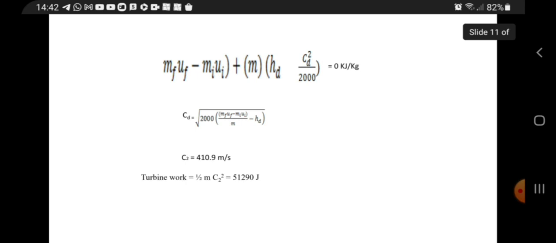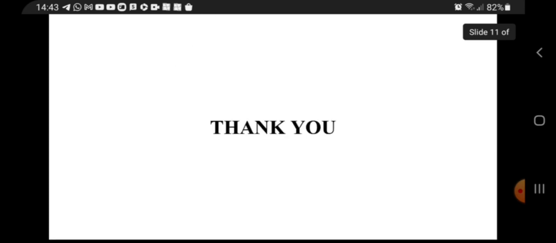The value of C2 is equal to 410.9 meter per second. Next, the turbine work is half into M C2 square, which is equal to 51,290 joule. That is the answer, the turbine work. Thank you.